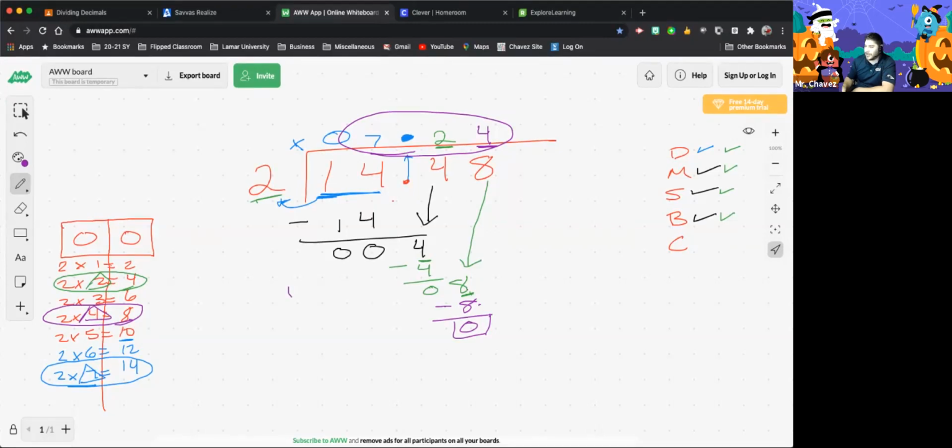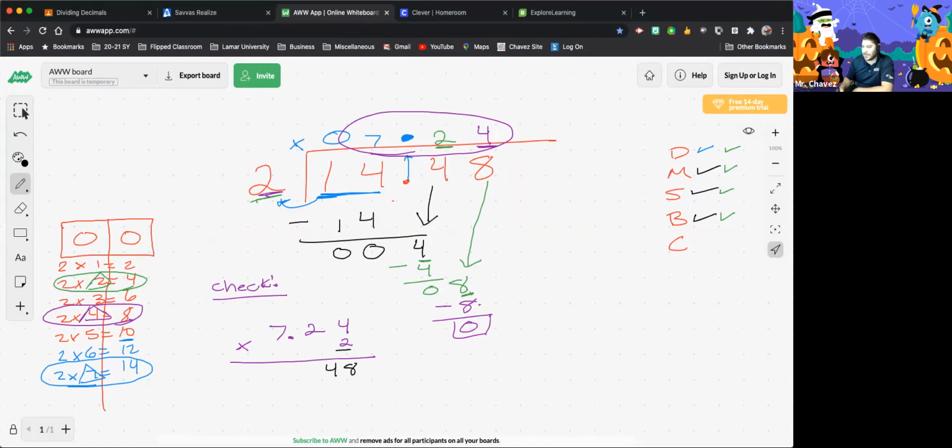7 and 24 hundredths. So now let me go ahead and check my work. I'm going to get 7 and 24 hundredths times 2. Again, this is us checking. So 2 times 4, that's 8. 2 times 2 is 4.